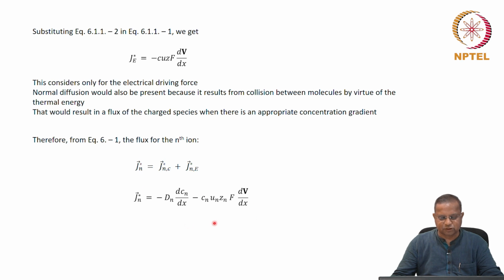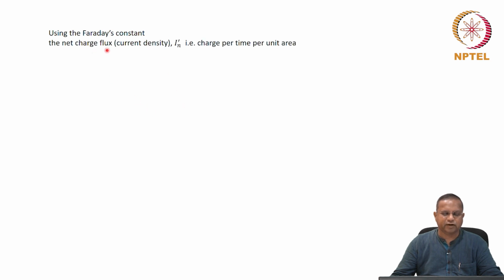So this expression, which is equation 6.1.1-3, gives us the combined effect of a concentration gradient and an electrical potential gradient on the mass flux of the nth ion, the molar flux of the nth ion. Now using the Faraday's constant, the net charge flux, which is also called the current density, In dash, which is the charge per time per unit area, regular flux, right? We are now comfortable with it.